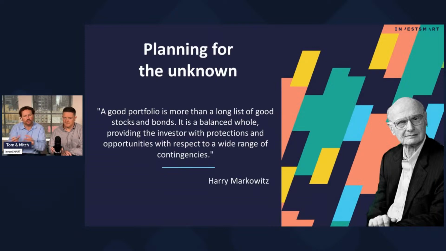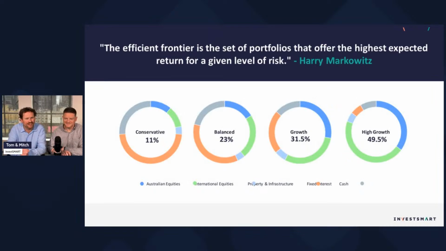That all stemmed from Harry Markowitz's investment approach, basically saying you can take an index approach to investing, have your capital spread across different asset classes, so Australian equities, international equities, property, infrastructure, etc., and you can still get adequate returns and lower your risk. So, thank you, Harry.